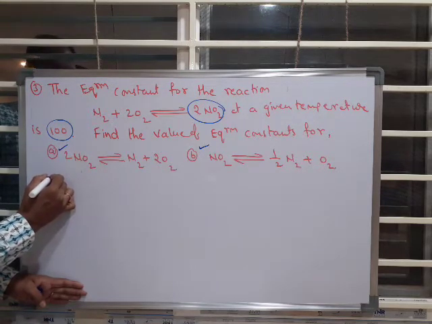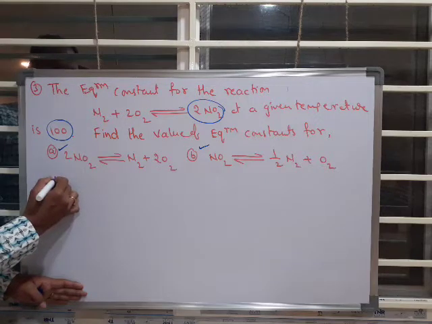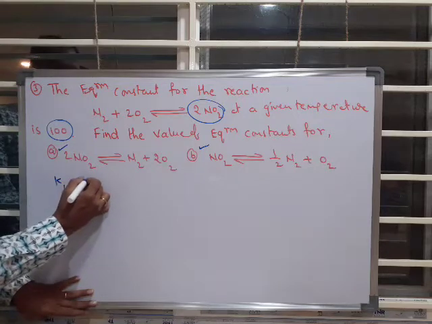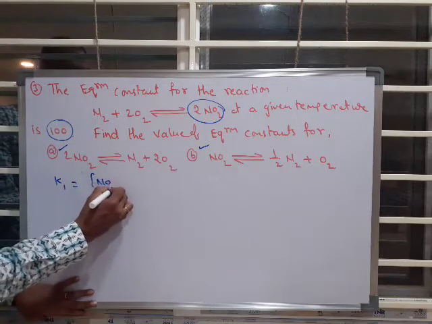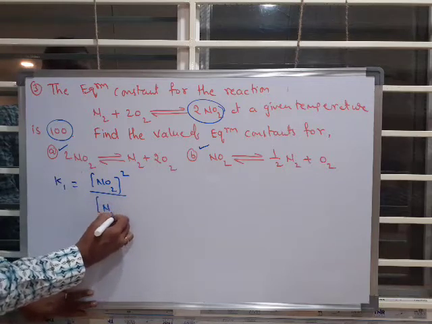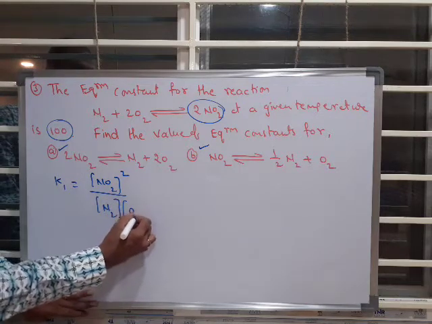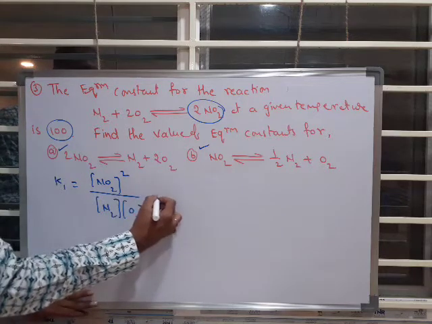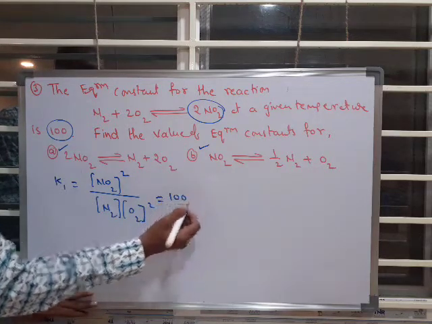So first given, given means this one. So this value is given as 100.